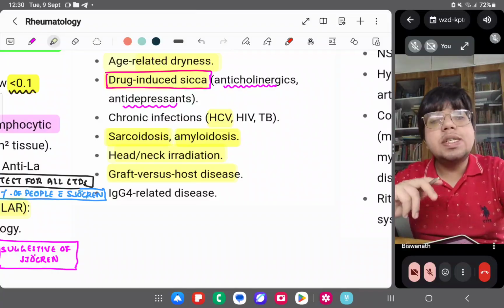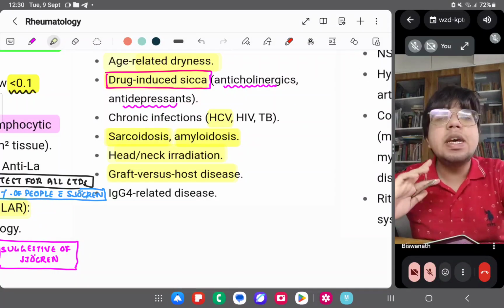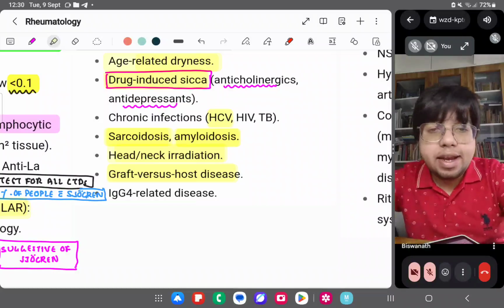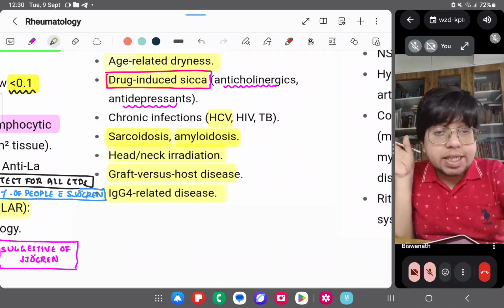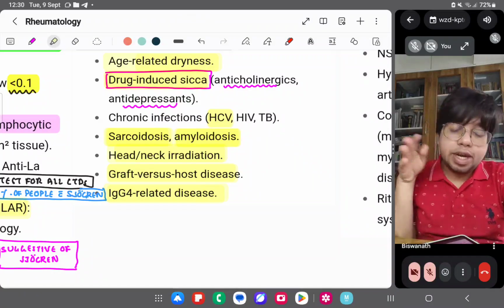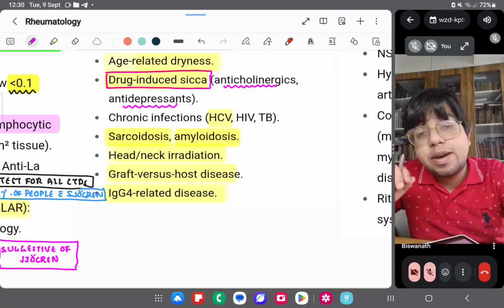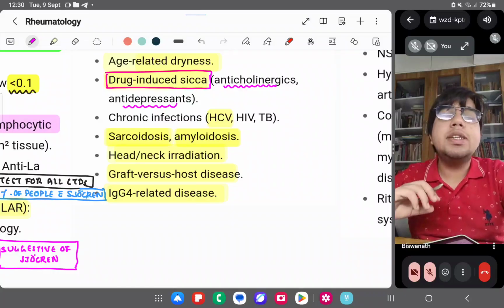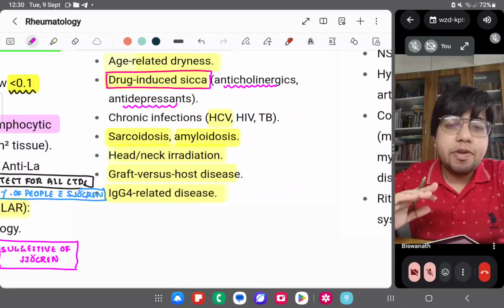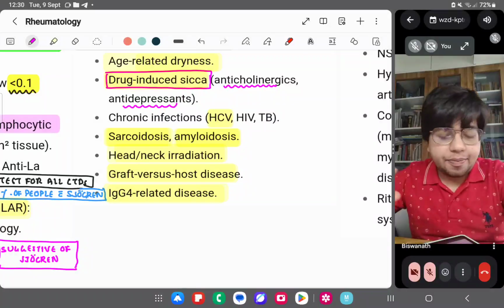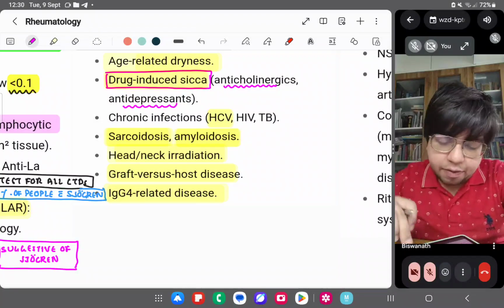The sarcoidosis is presenting with interstitial lung disease, with uveitis, with hilar adenopathy, right? You have to rule out IgG4 related disorders also. IgG4 related disorder is primarily characterized by a pattern of fibrosis. It is storiform fibrosis, which is a pathological diagnosis, right? Plasmacytic infiltrate can present with pancreatitis, right? So IgG4 related disorder, you have to rule out this.